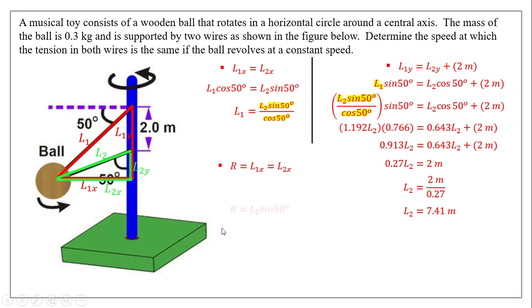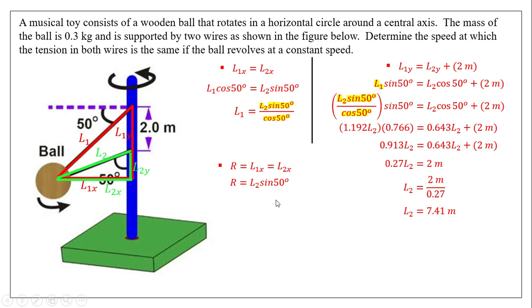Since I already solved for L2, I'm just going to use L2x instead of L1x, so it's up to you. Up here in my work, I just decided to solve for L1 and substitute out because L1 is already on the left side. You could just solve for L2 on the right side and then end up solving for L1, and then you would do L1 cosine of 50, okay?